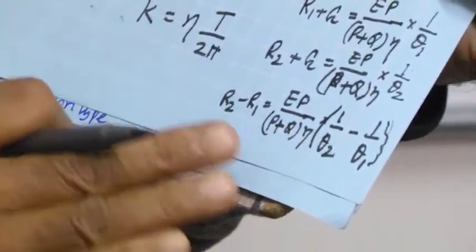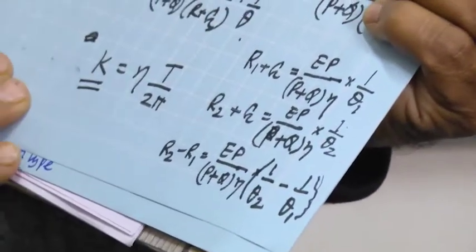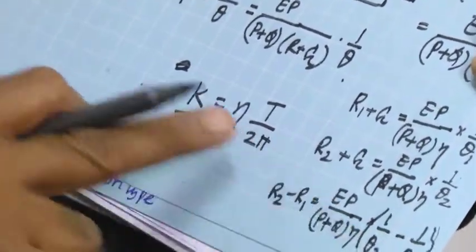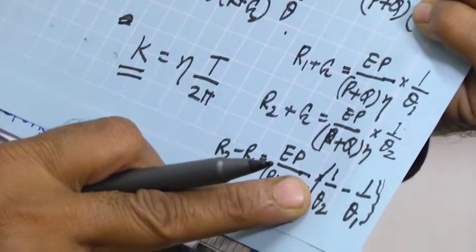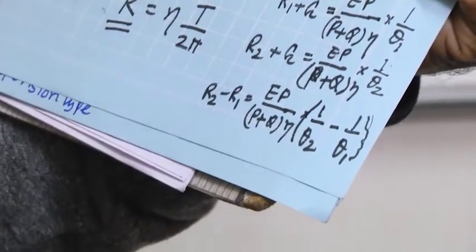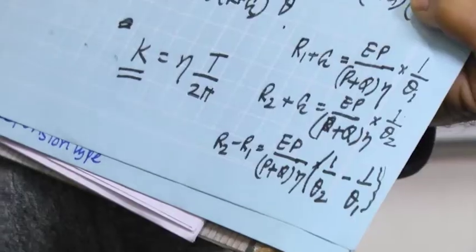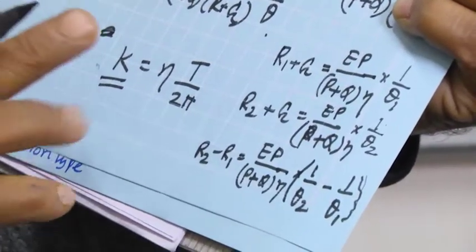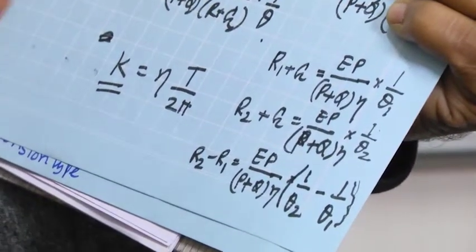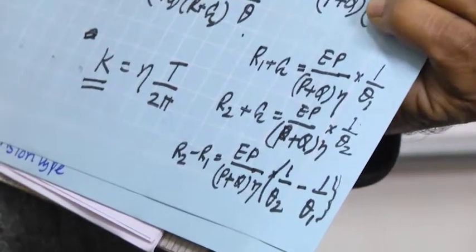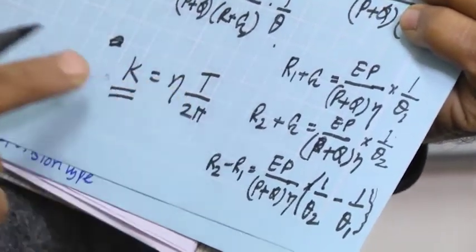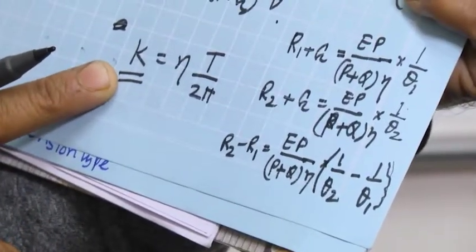If I know the current sensitivity, then I can find out the charge sensitivity, because eta is already known from this experiment, and then I only have to measure the oscillation time period of the coil. So that T I have to find out.